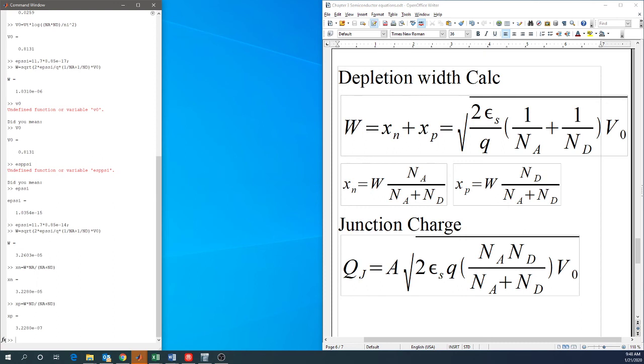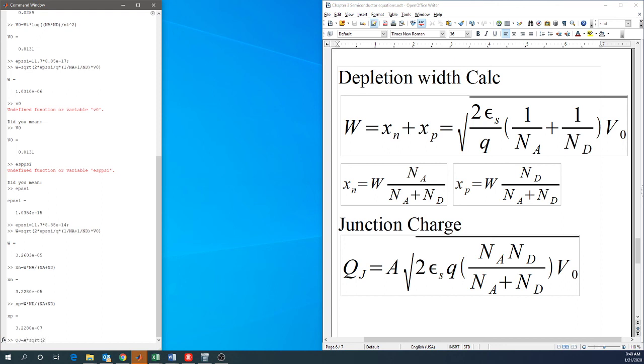And finally, the junction charge, which I have written right there and ready to go. QJ is equal to A times, is A in the right units? Yes, it is.